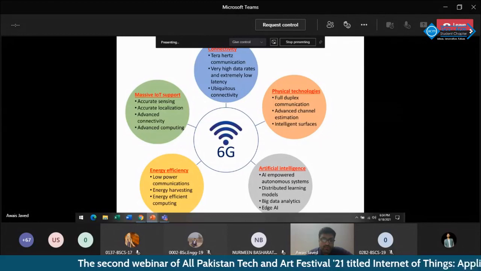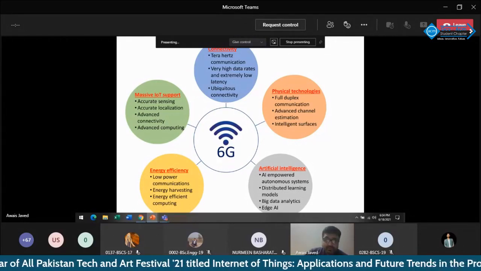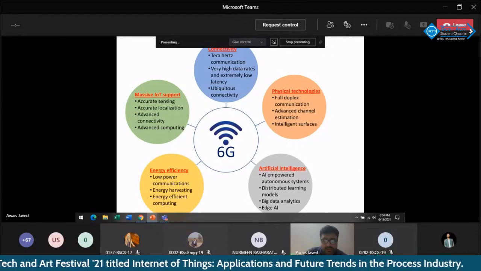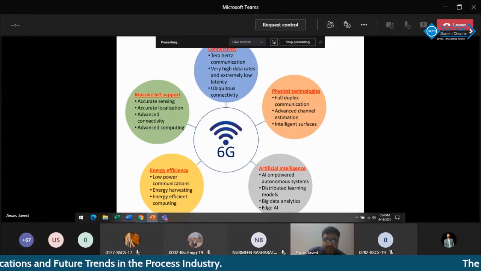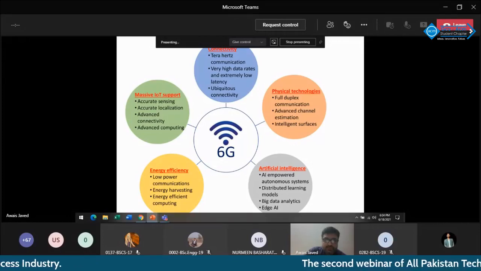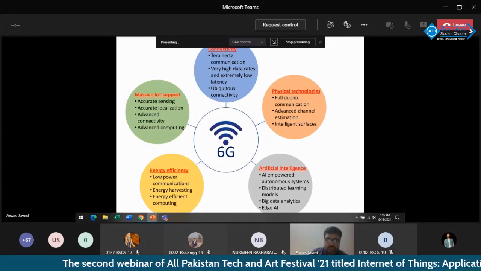All these techniques are part of 6G. And lastly, it provides massive IoT support. As we improve the communication data rates, we'll have some massive IoT applications in the future. All these applications would require 6G, and 6G will provide massive IoT support to them.